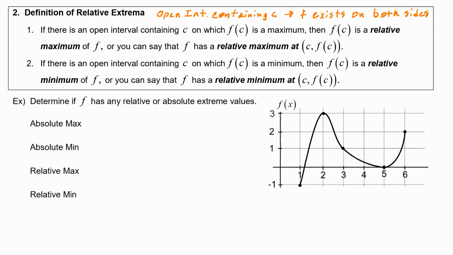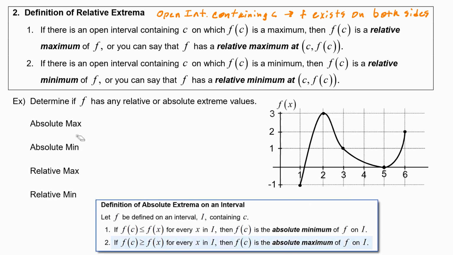In this example, determine if f has any relative or absolute extreme values. Here we have a graph of f of x, and we're trying to decide if there's an absolute max on the graph. Now remember that an absolute max means that the y value is bigger than or equal to all the other y values on the entire interval.